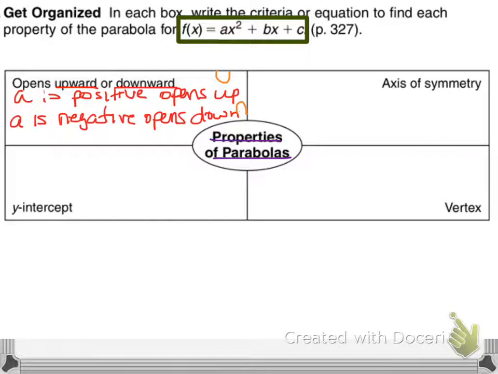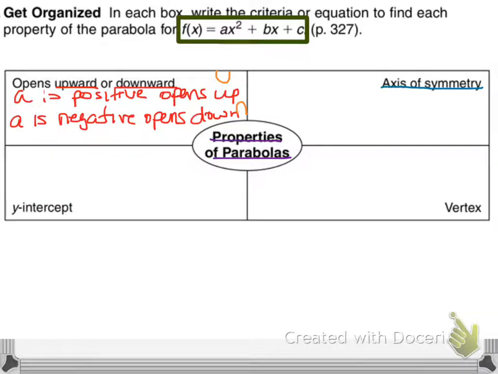All right, your axis of symmetry, remember, if you have a line of symmetry, that is basically your reflection line, where your points are equidistant to that line of symmetry. For your parent function of your parabola, your quadratic, remember your line of symmetry is the y-axis. So when we start to shift the parabola around, remember that axis of symmetry shifts along with it.